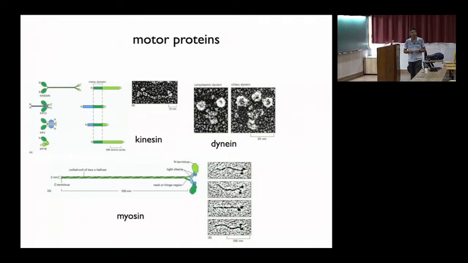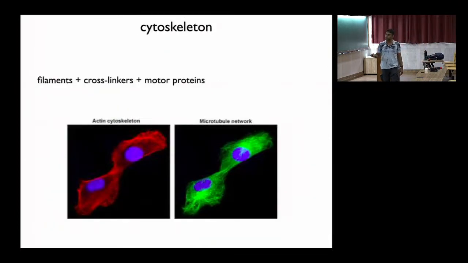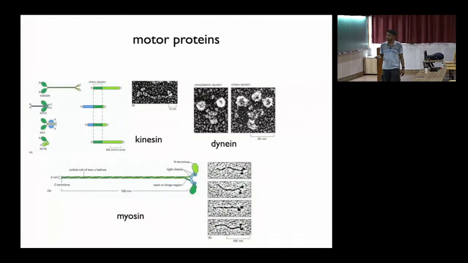If one thinks about intracellular transport, these can carry a cargo and move along the tracks and generate intracellular transport. On the other hand, myosins are associated with actin filaments, and they constitute the actomyosin cytoskeleton in the previous slide, which we showed in these red shaded regions.